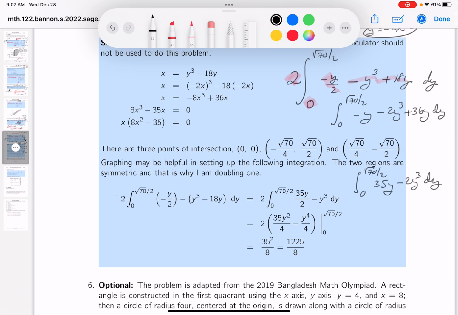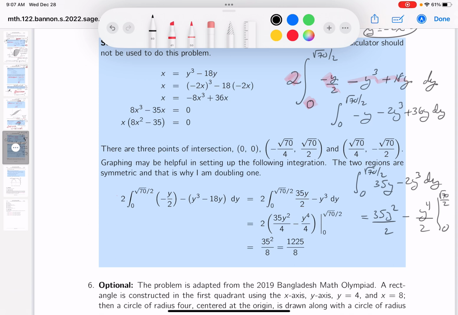I'm actually going to do the integration now. What do you get? You would get 35y squared over 2 minus y to the fourth, divided by 4, we have 2 on top, so we give me a 2 there. And we're going to go from 0 to root 70 over 2.